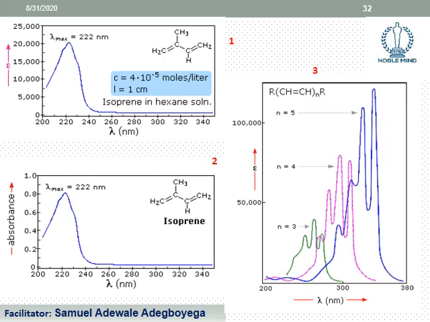Now, from your Beer-Lambert law, if the concentration is known and you know the path length of the cuvette, you get your absorbance, then you can determine the molar absorptivity. So that's the beauty of the machine.